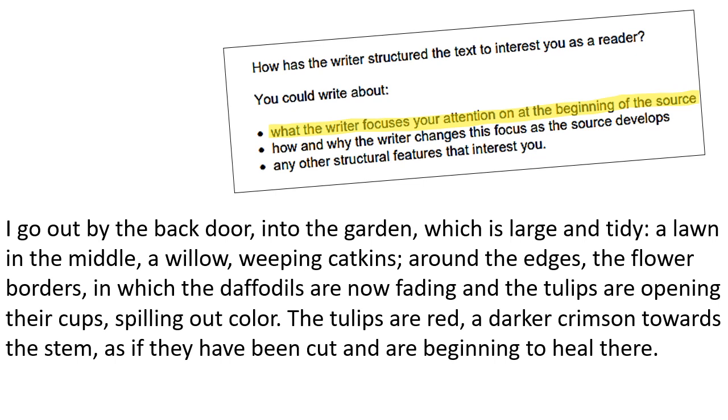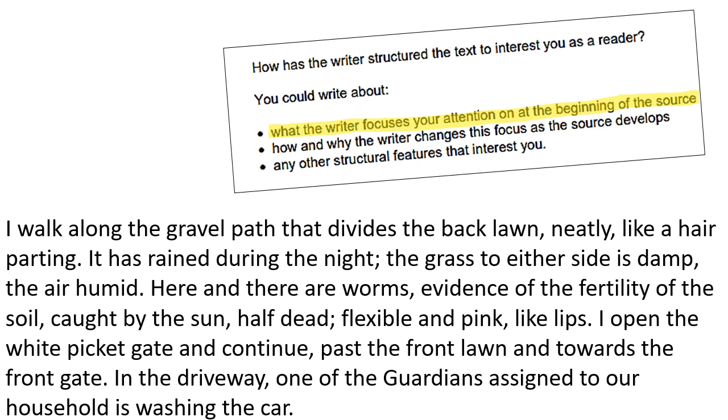This is the beginning of chapter 3. I go out by the back door into the garden, which is large and tidy, a lawn in the middle, a willow weeping catkins around the edges. This is the beginning of chapter 4. I walk along the gravel path that divides the back lawn neatly like a hair parting. It has rained during the night, the grass to either side is damp, the air humid.